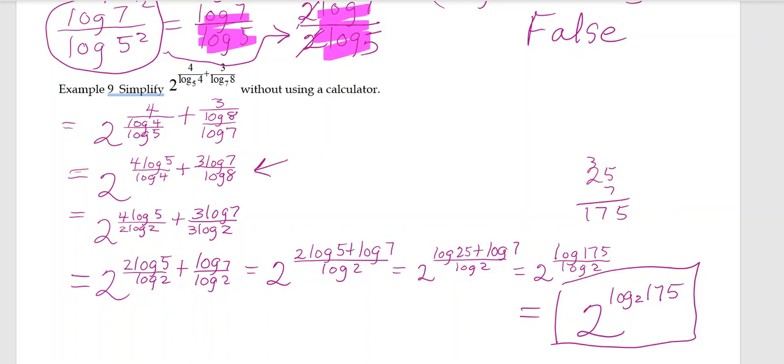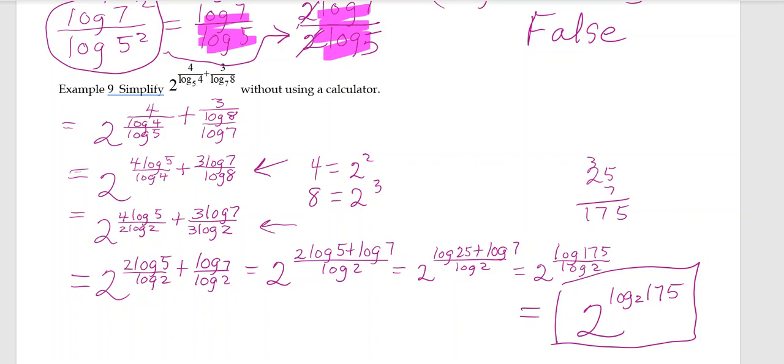Okay, then what I did is I changed, you see on the denominator now I have log of 4 and log of 8. I can change both of those to base 2 because 4 is 2 squared and 8 is 2 cubed. And then when I apply my exponent rule, that gets me to here.